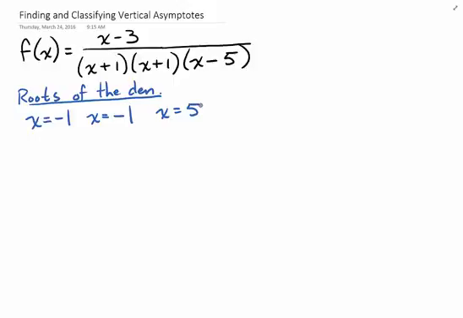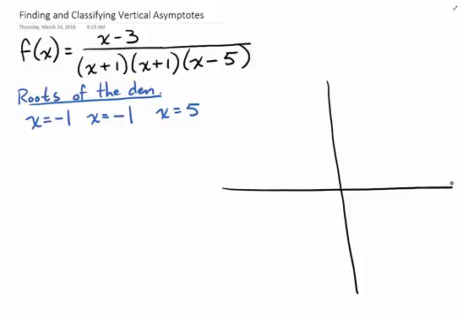It's important that we pay attention to repeated roots because that will help us classify. But right there we can say we know where our vertical asymptotes are. And so we could actually put those in. We know we have a vertical asymptote at -1. So let's put in our vertical asymptote right there. And then we have a vertical asymptote at 5.